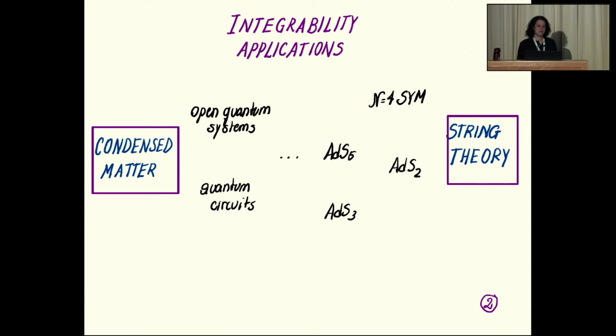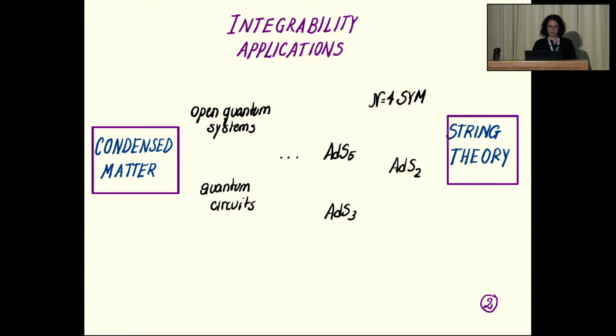There are many applications of integrability, as we all know, especially in string theory. And in recent years, many new ones appeared, in condensed matter in particular, like open quantum systems, for which there is now a systematic construction. Also in quantum computing, people are starting to try a few things.